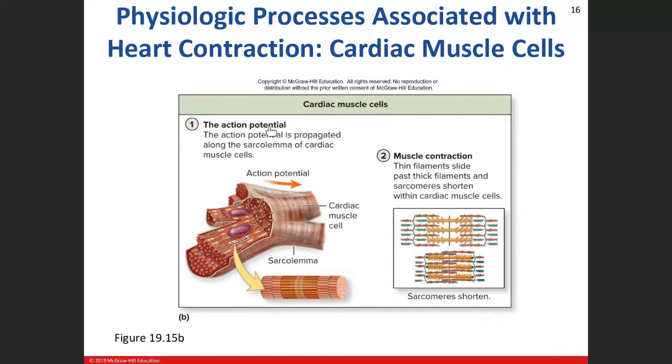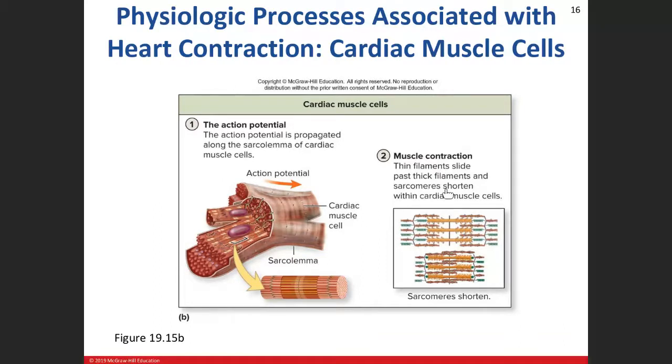So it'll spread out like throwing a rock into a pond, going down into the T-tubules and releasing calcium from the sarcoplasmic reticulum there. But we also have gap junctions that allow ions to flow through so we can depolarize neighboring cells. It happens very fast. So we're going to see eventually that the action potential will cause depolarization.